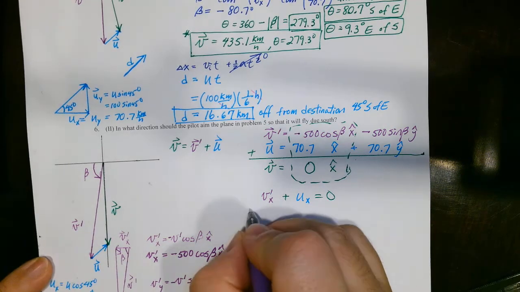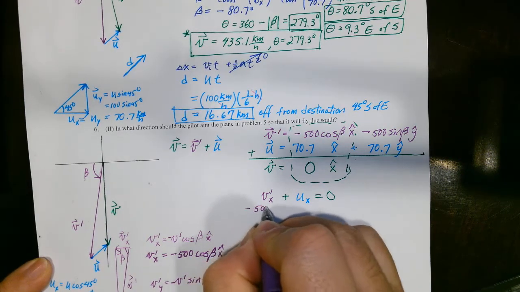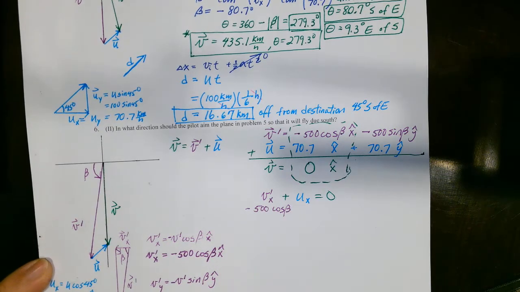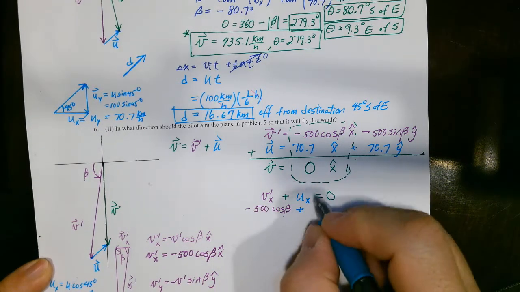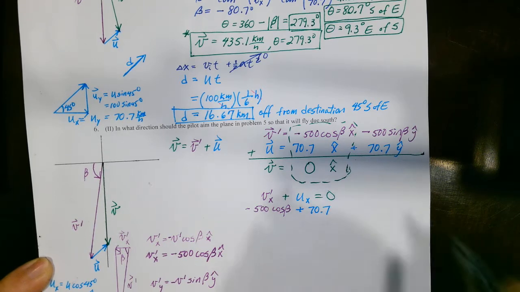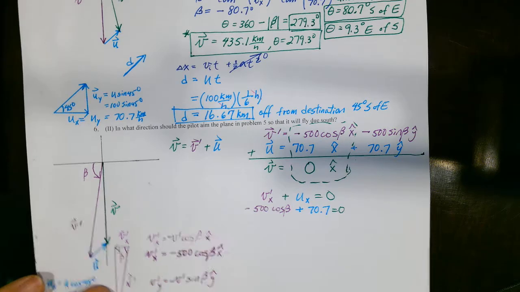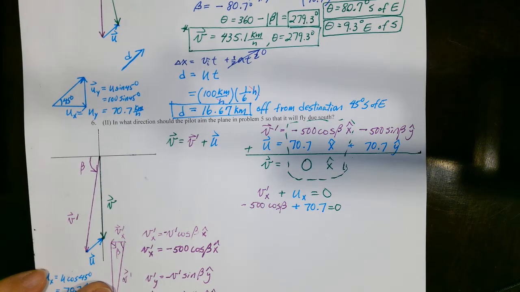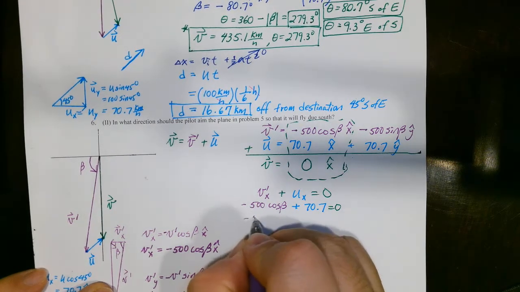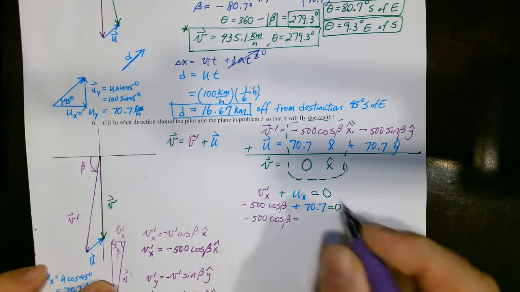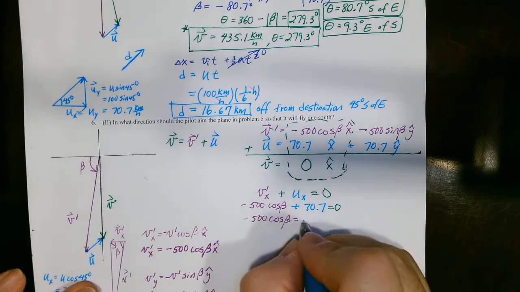So here, my negative 500 cosine beta plus 70.7 should equal 0. Therefore, negative 500 cosine beta is equal to negative 70.7.